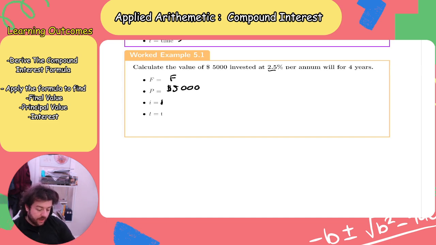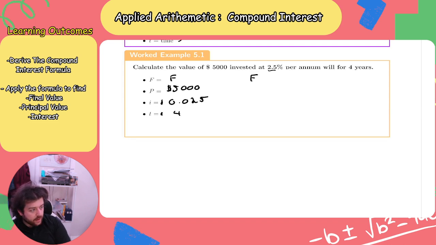So what we can do here is just divide 2.5 by 100. So I'm going to have 0.025. And then T, my time, is going to be equal to 4.